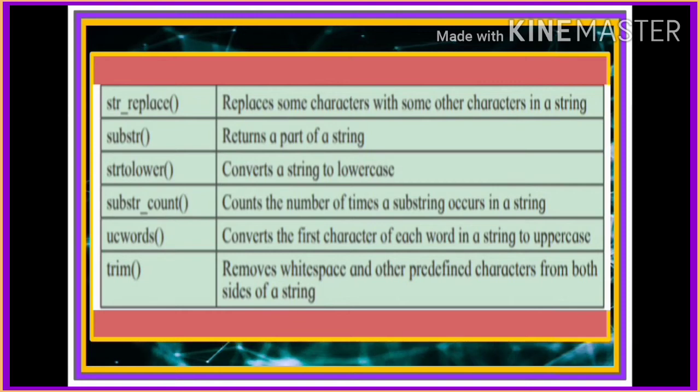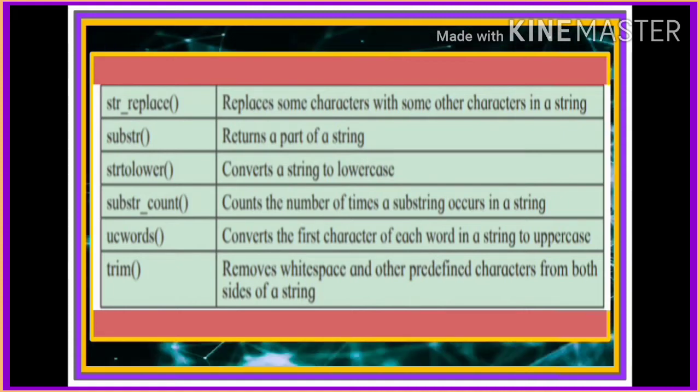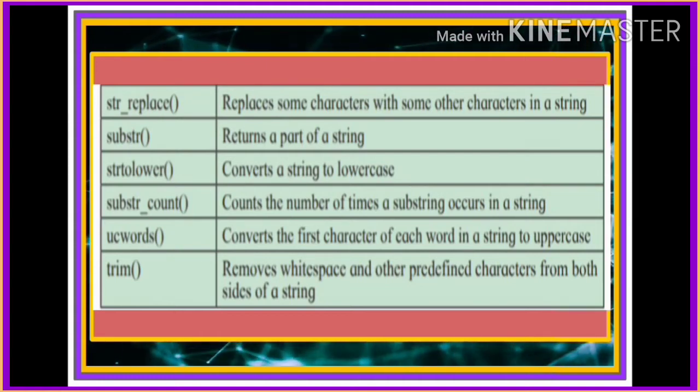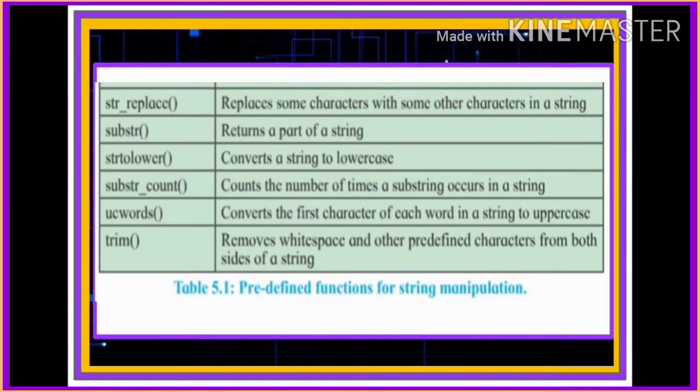Trim function removes white spaces and other predefined characters from both sides of a string. So, if you want to remove white spaces from left hand side and right hand side of a string, use trim function to remove white spaces from both sides of a string. So these are some predefined functions for string manipulation used in PHP.